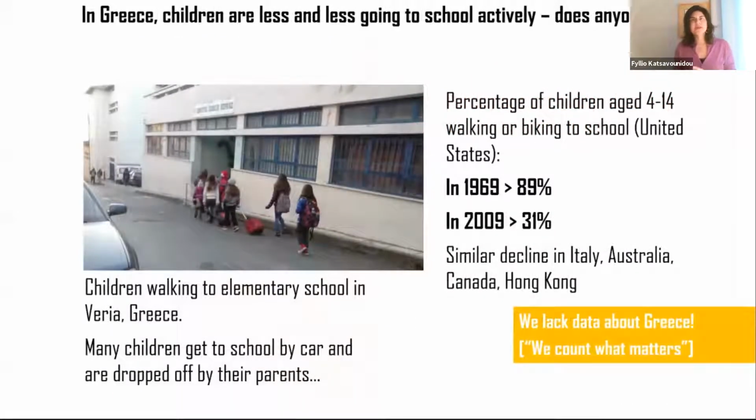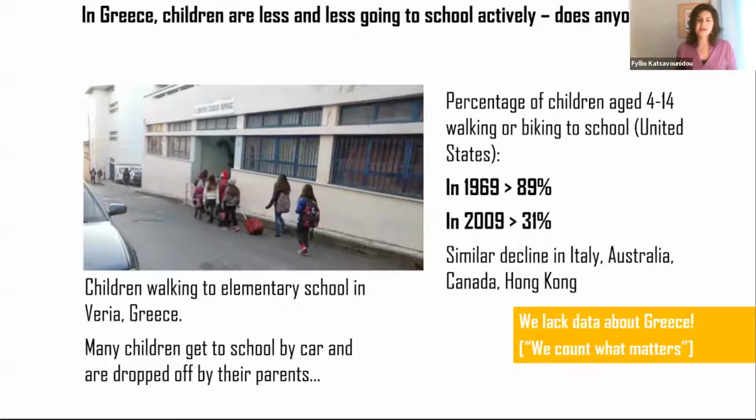It is no wonder then that studies in many countries around the world show a huge decline in children's independent mobility over the years, in children walking independently in the streets. In the case of the US, for example, while in 1969, 89% of children walked to school every day, in 2009, this dropped to 31%.